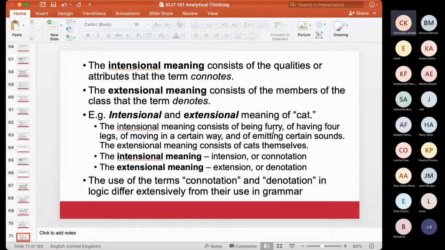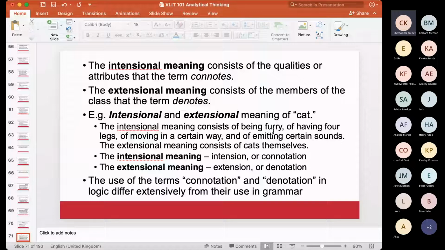So sometimes when you go into the dictionary and you want to find the meaning of a cat, the dictionary will give you the intentional meaning as well as the extensional meaning. That is why we say in cognitive meaning, there can be two types of meaning. The intentional consists of the qualities or attributes that the term connotes.